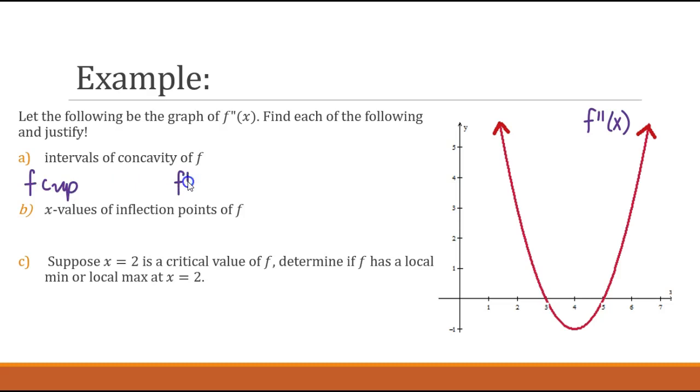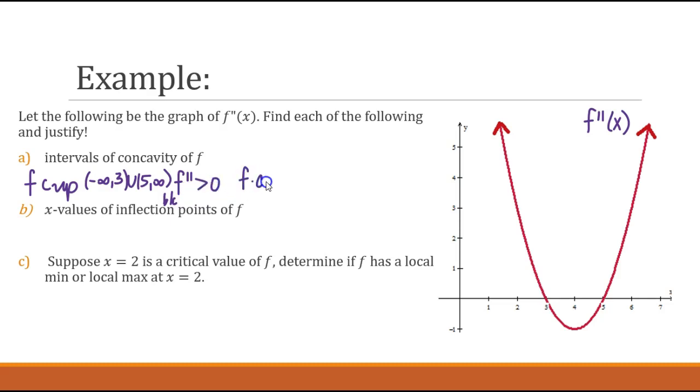wherever the second derivative is positive. So wherever this graph is above the x-axis. So we can see that this graph is above the x-axis from negative infinity to 3 and from 5 to infinity. So we have negative infinity to 3 and 5 to infinity, because the second derivative is positive there.